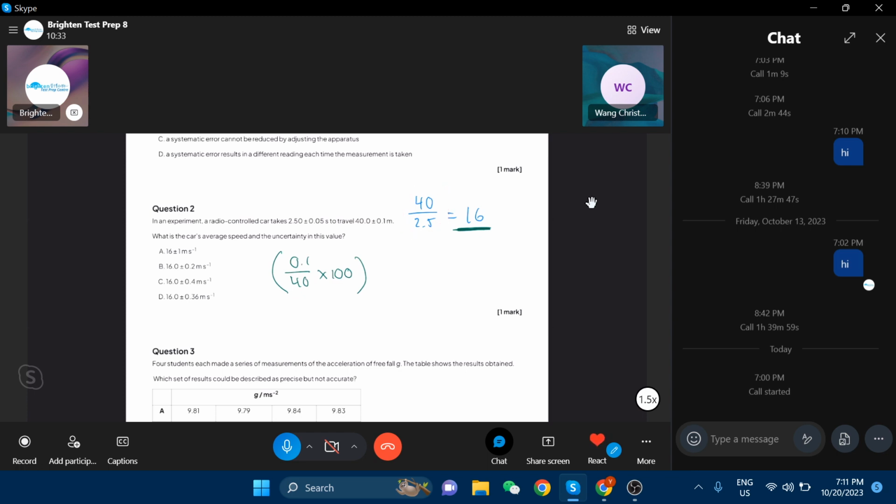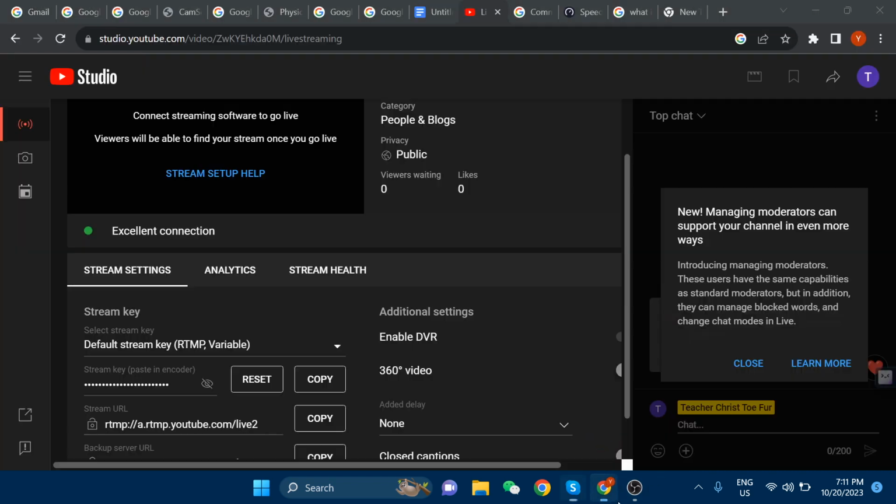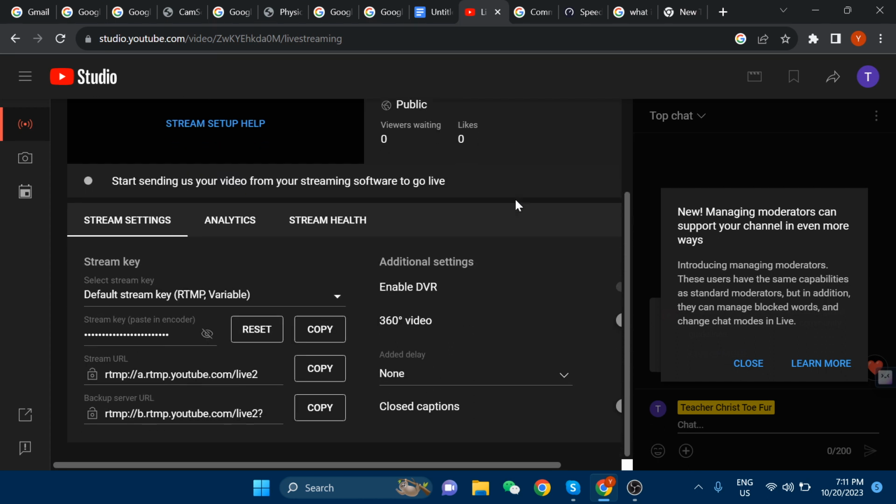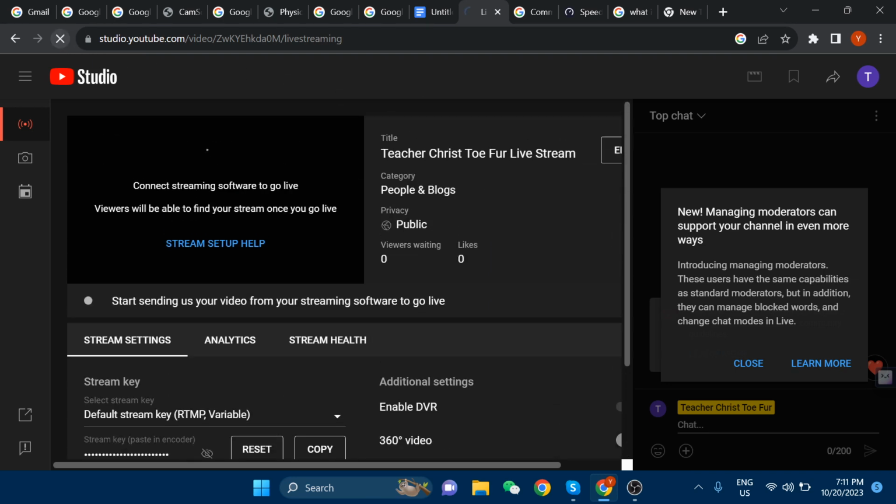It can be proven mathematically, but we are not going into that, so we have to remember it: when we have a division, we add the percentage uncertainty. So we have to add the two uncertainties.